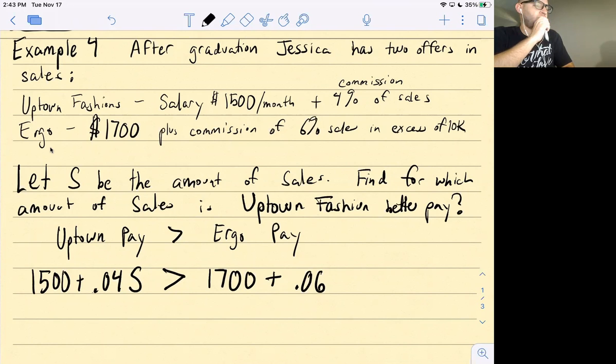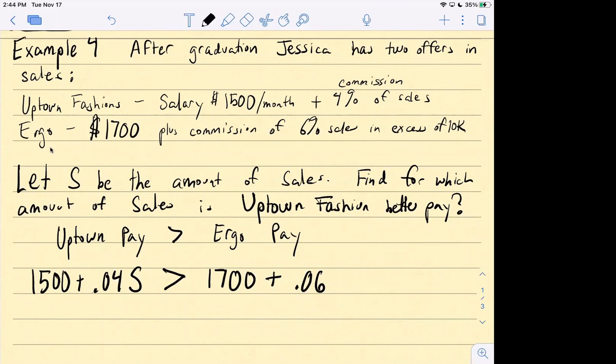Would it automatically be the 10K that it's getting multiplied by? Well, you get 6% on sales in excess of 10,000. So you have to read that as whatever you sell above 10,000, that's what you get commission on. Below 10,000, you get no commission.